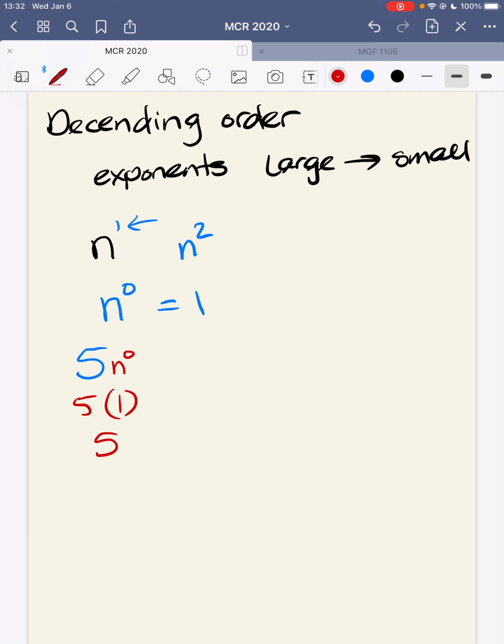However, it is helpful when we're going ahead and putting polynomials in descending order, because although we're not dealing with them right at the moment, there is such thing as negative exponents. And so between positive and negative on the number line, we have a 0, which is where this whole idea comes from. This is the separator between our positive exponents and our negative exponents, which we're really not dealing with right now.